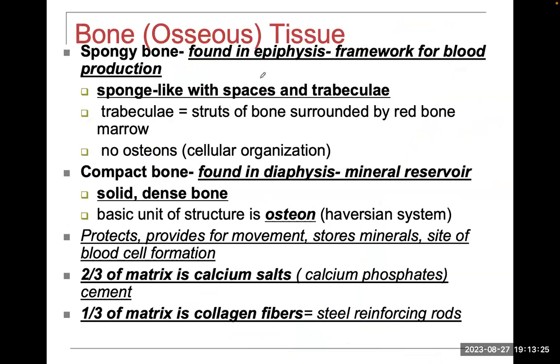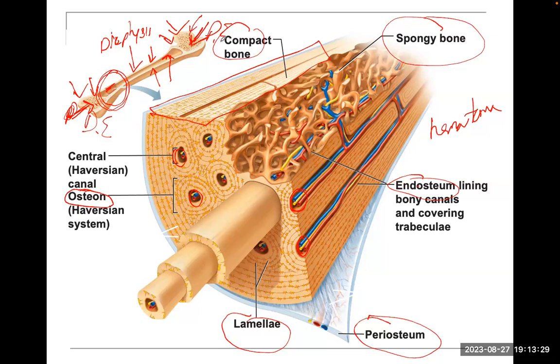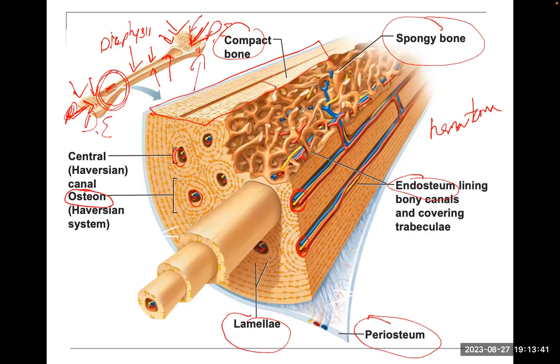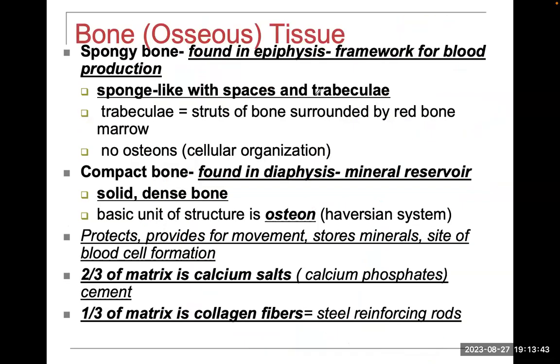So spongy bone is found in the epiphysis, both the proximal and distal epiphysis. Spongy bone kind of looks like a sponge that has these spaces in trabecula. So this looks very, very spongy. There are no osteons in spongy bone. The compact bone is found in the diaphysis.